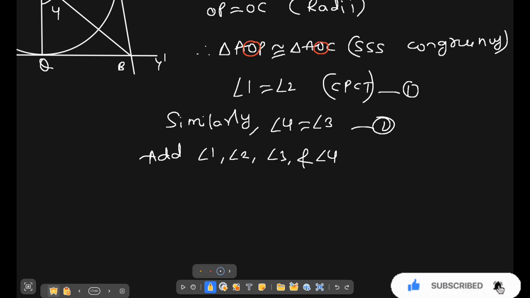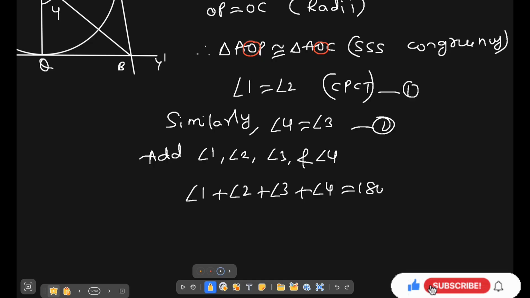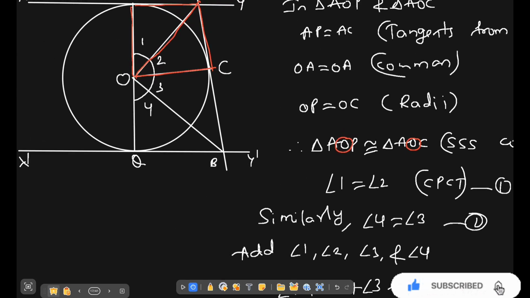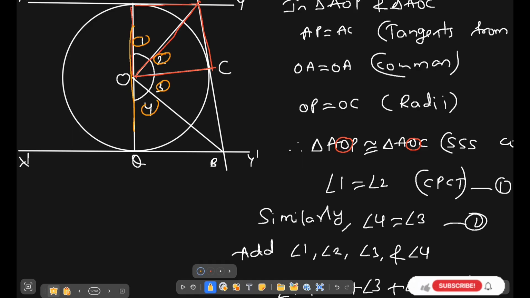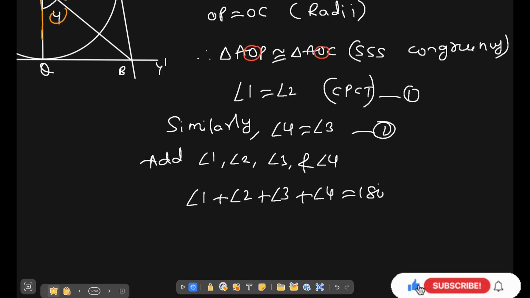Add all these four angles. What do we get? Angle 1 plus angle 2 plus angle 3 plus angle 4 equals 180 degrees. Why are they equal to 180 degrees? They are on the straight line, so their sum is equal to 180 degrees.